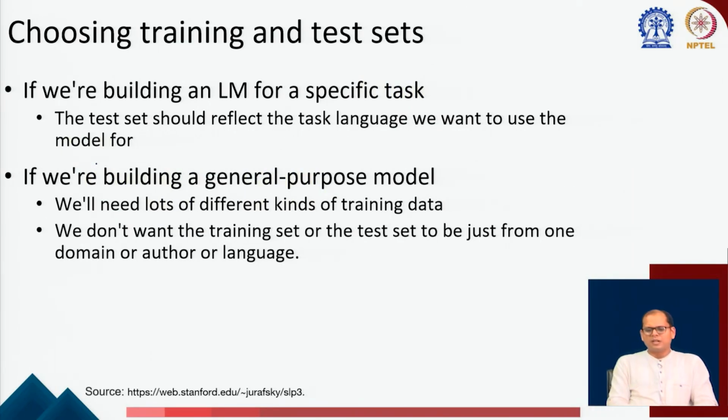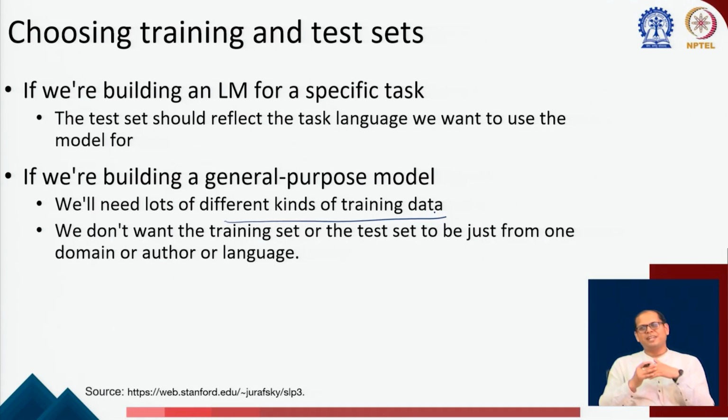Now, how would you choose the train and test set? Typically, if you are building it for a task, like maybe for a domain like legal domain or financial domain, you should train the language model on that particular task and domain, right? Because that is your application. But you may be building a general purpose model, then we will need different kinds of training data.